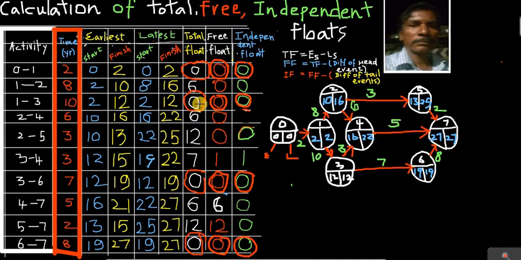Then side by side, we have to write the time taken also. For example, the first activity takes 2 years, so write 2 years on that particular activity. 1 to 2, 8 years. 1 to 3, 10 years. 2 to 4, 6 years. 2 to 5, 3 years, like that.